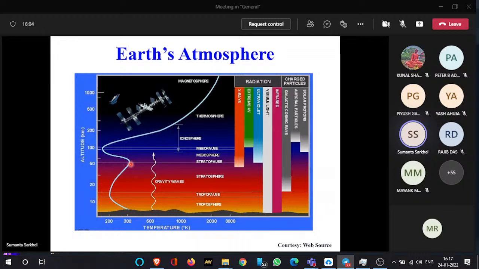One part of the UV photon energy is used for breaking the bond of ozone, and another part is used to increase the kinetic energy of the molecules and atoms. Temperature is nothing but the average kinetic energy of molecules and atoms, right? So that is the reason the temperature increases in the stratosphere.